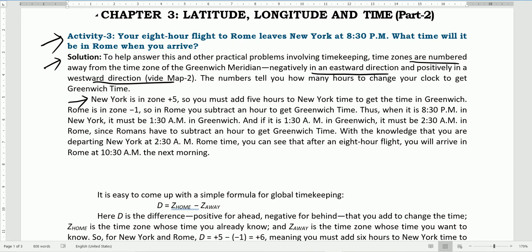Okay, so as for the equation, here the New York time is 8:30, and if you add 5 hours, 8 plus 5 is 13. Subtracting 12, then it is 1, that means 1:30.